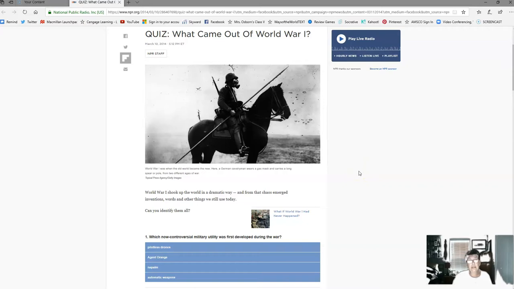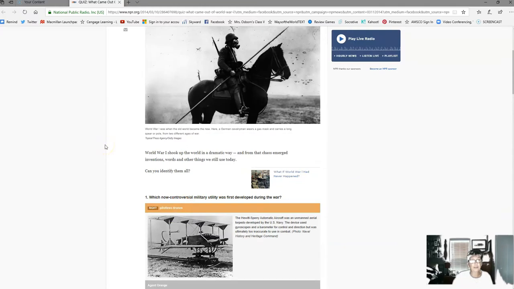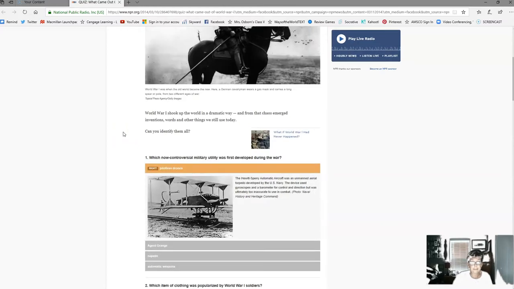Which one do you think was first developed during World War I? It's actually pilotless drones. Hewlett-Sperry automatic aircraft was an unmanned aerial torpedo developed by the Navy. It was not very good, but it was the first time that happened.